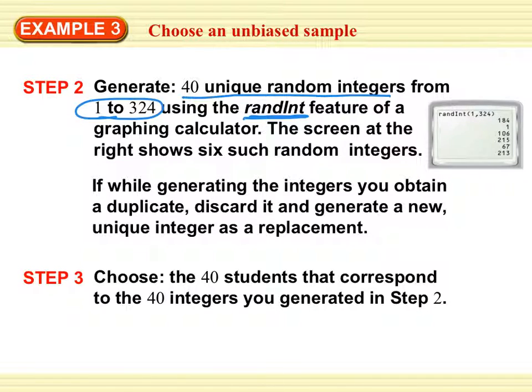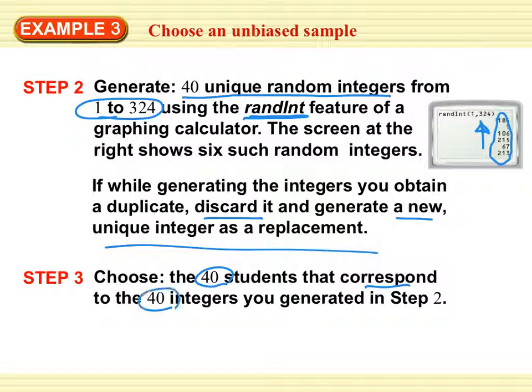The screen at the right shows 6 such random integers. If, while generating the integers, you obtain a duplicate, discard it and generate a new unique integer as a replacement. Now we want to choose the 40 students that correspond to the 40 integers you generated in step 2. Okay, you can go ahead and practice that.